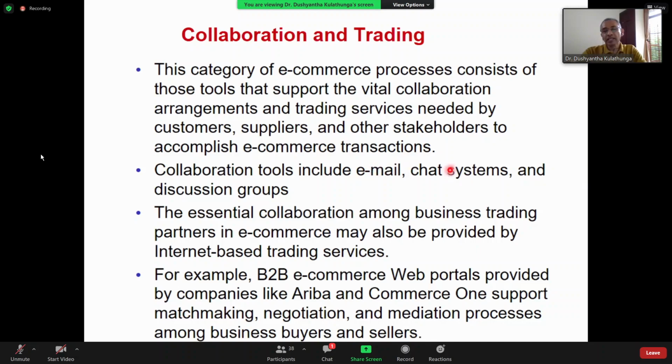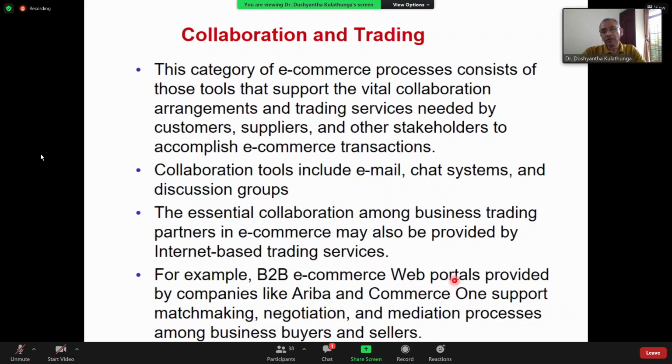We may have different tools available there. When it comes to an organizational e-commerce system, they may have it, but this is something different. This is not related to a specific organization, as I highlighted earlier.